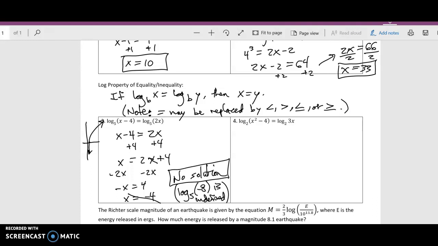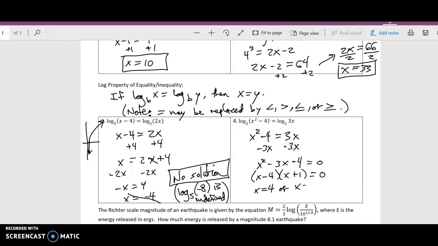Okay, well, let's try it again. Logs equal to each other, same bases, so x squared minus 4 equals 3x. We'll move everything to one side and try and factor it. So either x equals 4 or x equals -1.